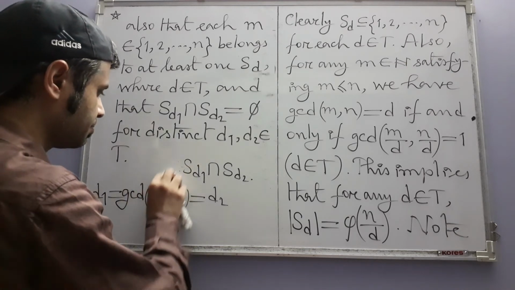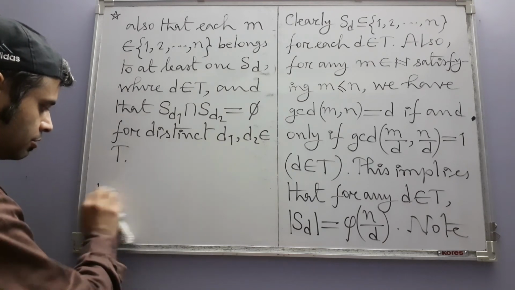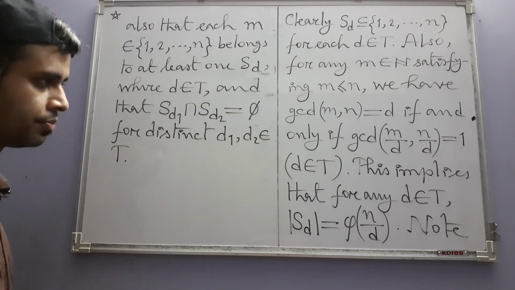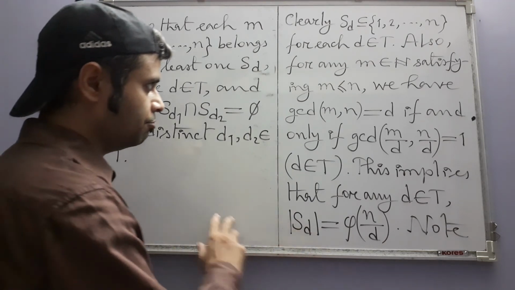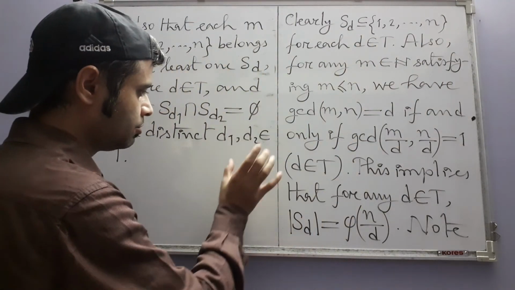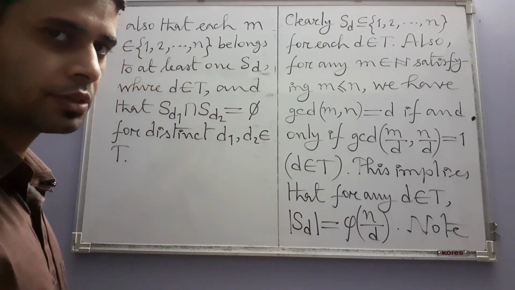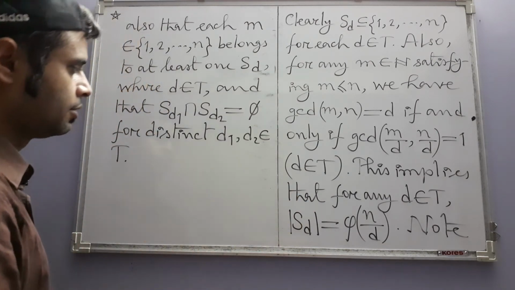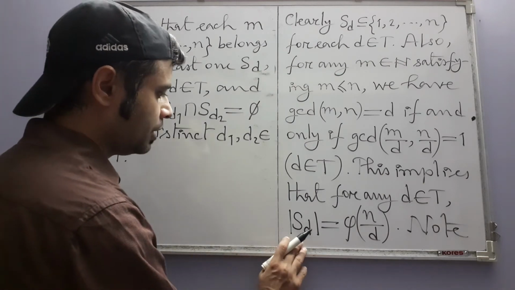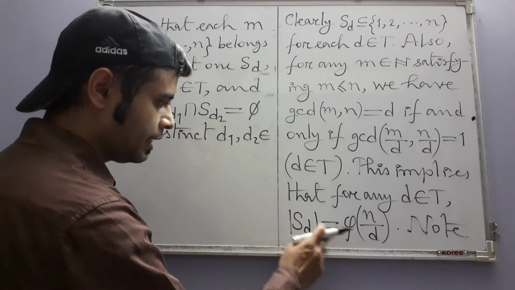We can now use them together to draw our conclusion. So we have now partitioned this set into disjoint sets SD for each positive divisor D of N, and we have been able to show that each SD has this size.